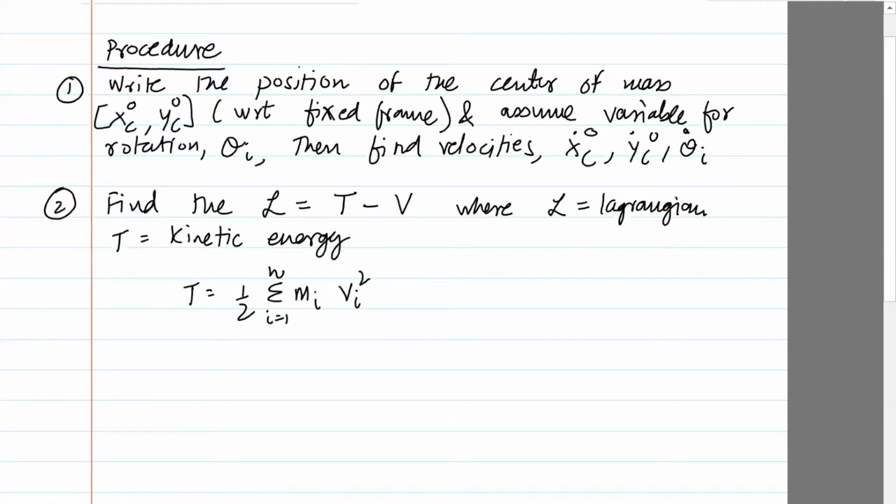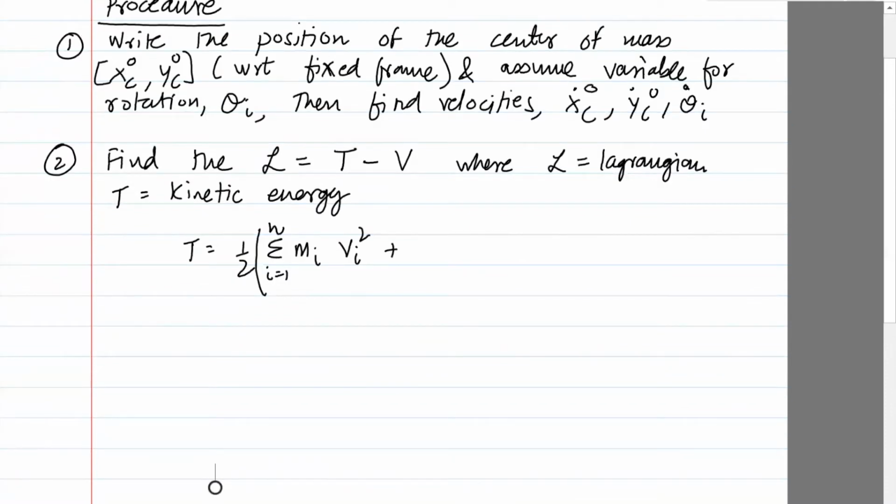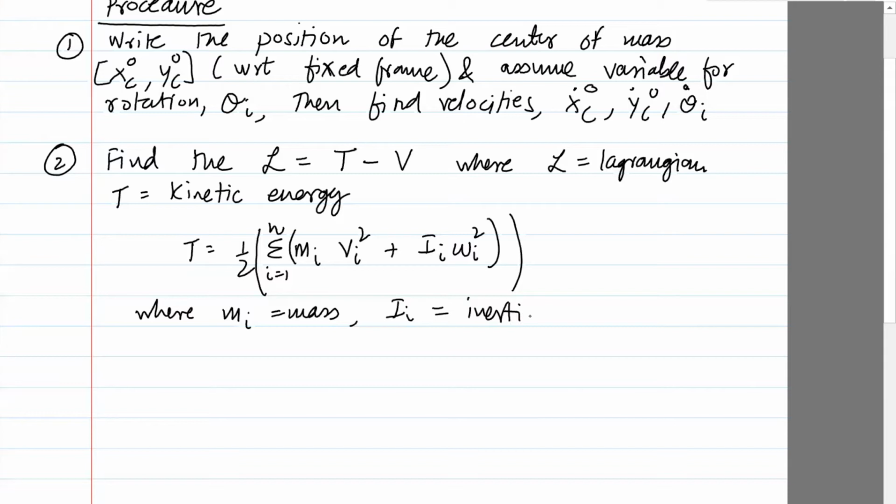But if it's just one body, then it's just going to be i equals 1, plus half I_i omega_i squared, where m_i is the mass, I_i is the inertia, v_i is the linear speed, and omega_i is the angular speed.